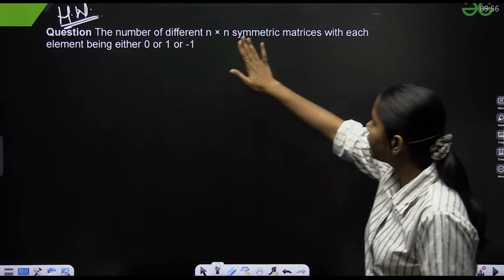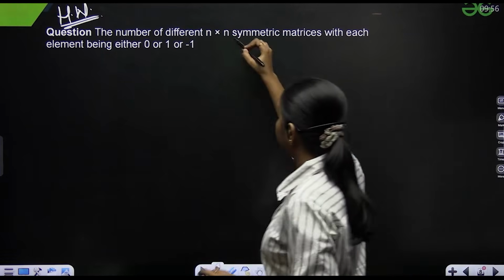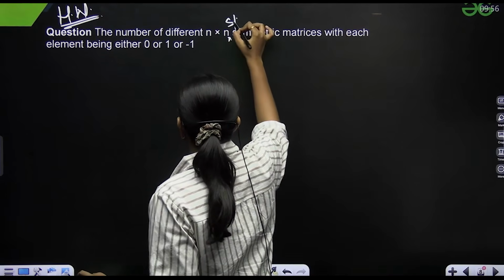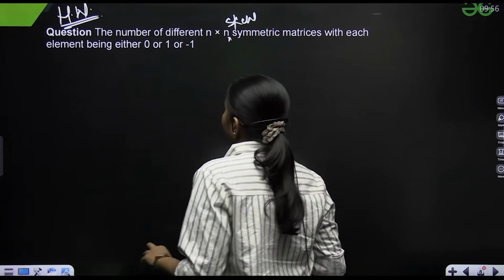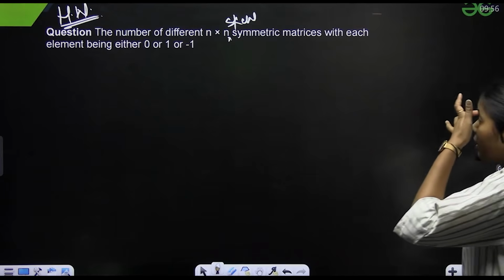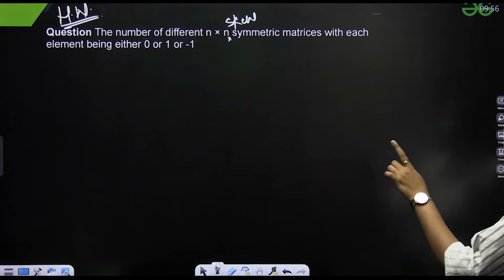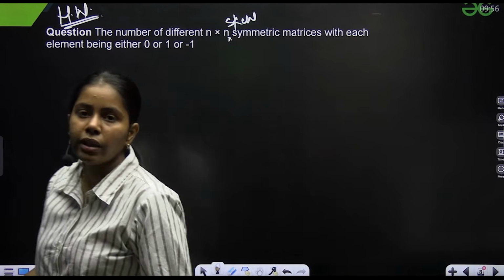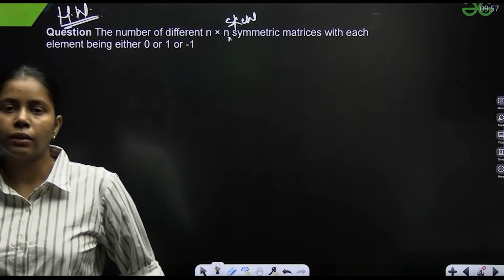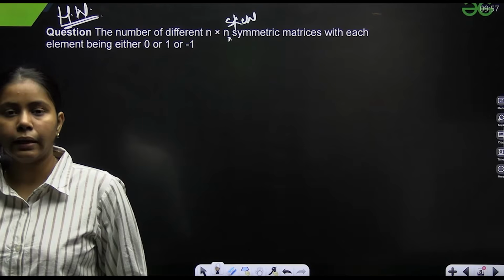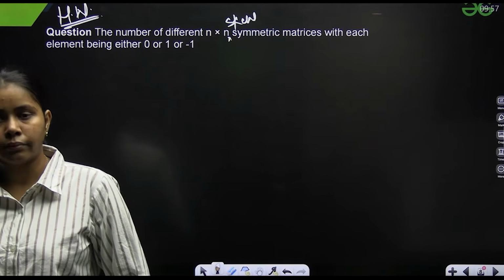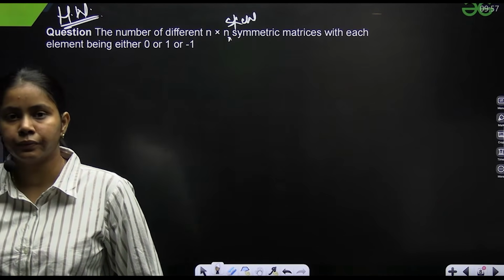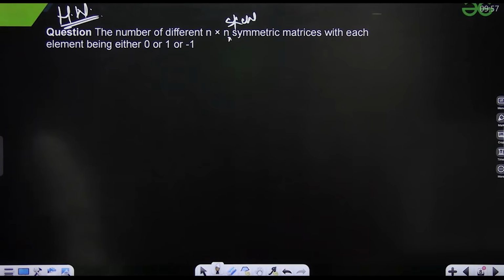The number of different n cross n skew-symmetric matrices with each element being either 0, 1 or minus 1. You just need to tell me the solution in the comment section. So just try it once by yourself. Okay, let's move further.